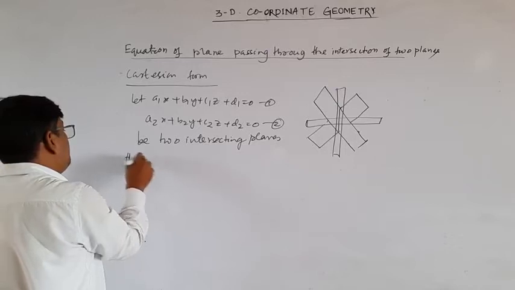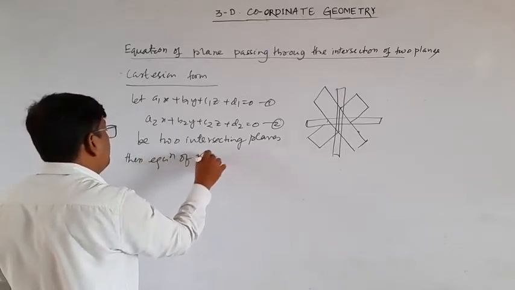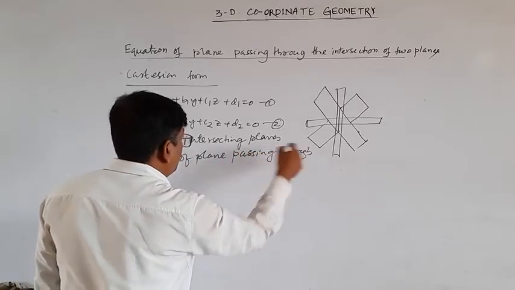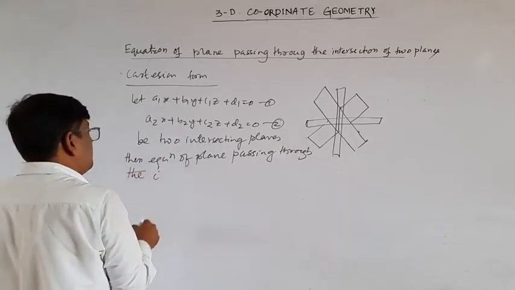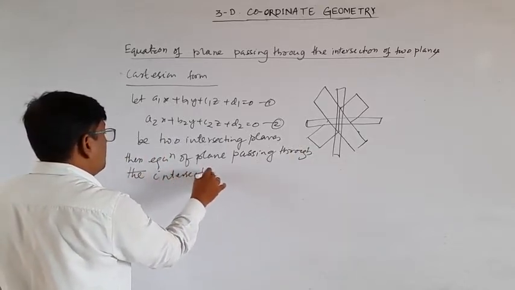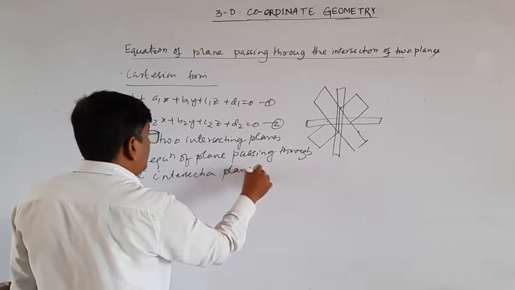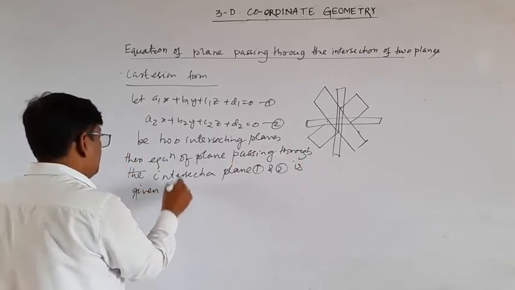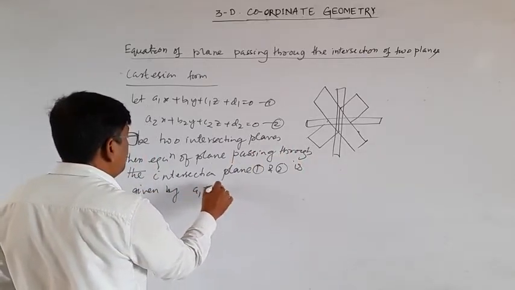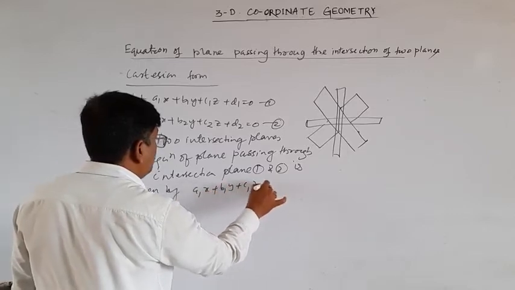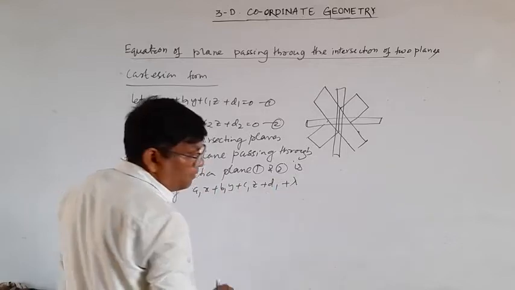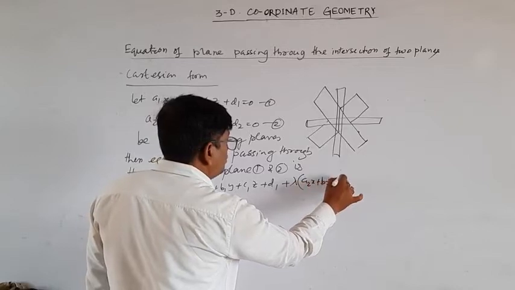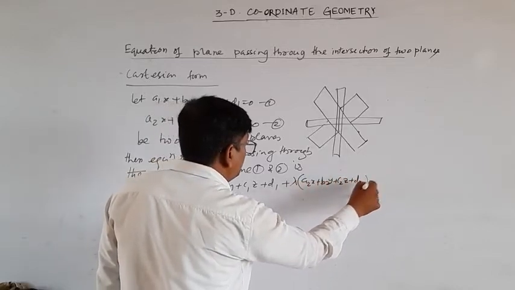Then equation of plane passing through the intersection of plane 1 and 2 is given by a1x plus b1y plus c1z plus d1 plus lambda into (a2x plus b2y plus c2z plus d2) is equal to 0.